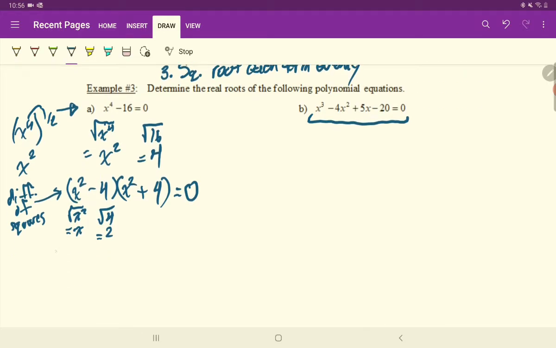And we're going to get x plus 2, x minus 2, right? But don't forget that this is still here as part of our equation. So please don't forget that. So x squared plus 4 equals 0.